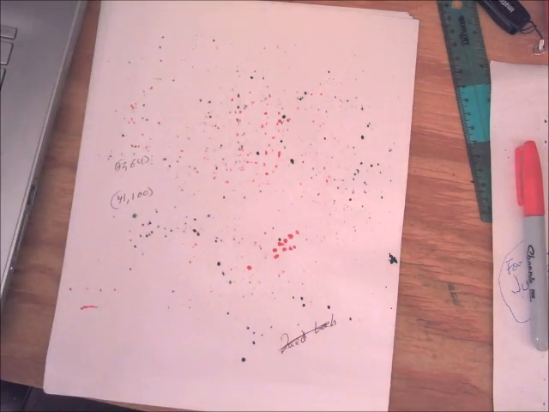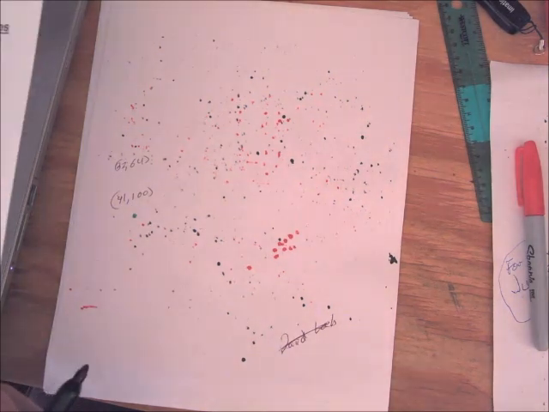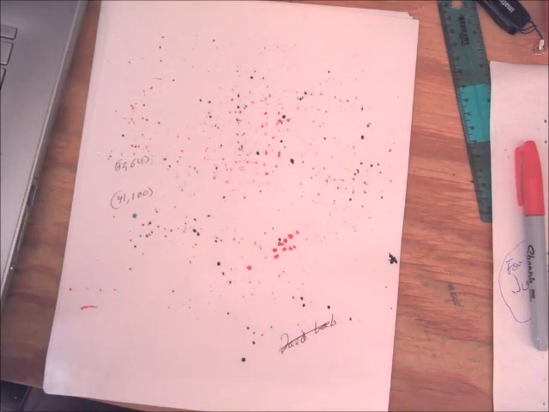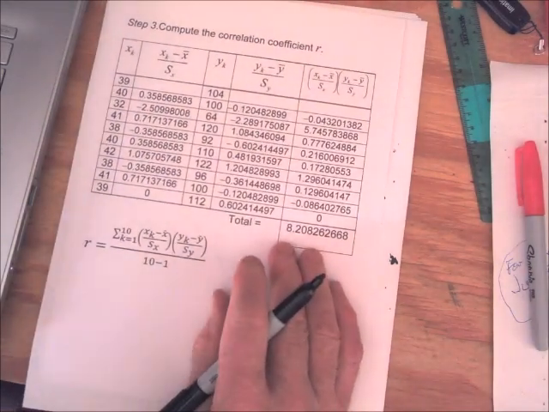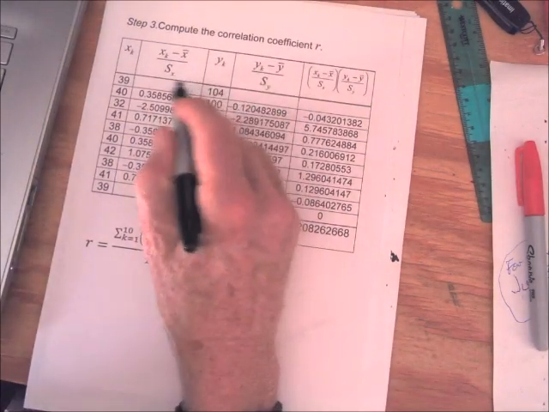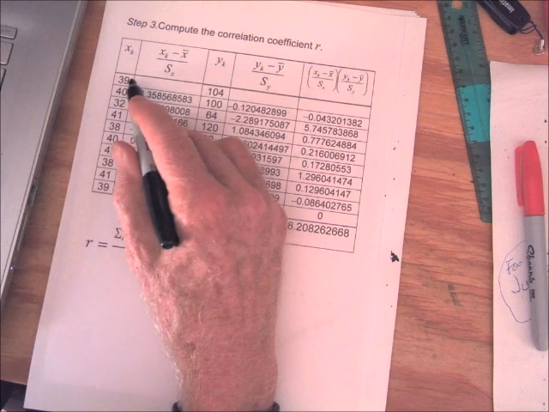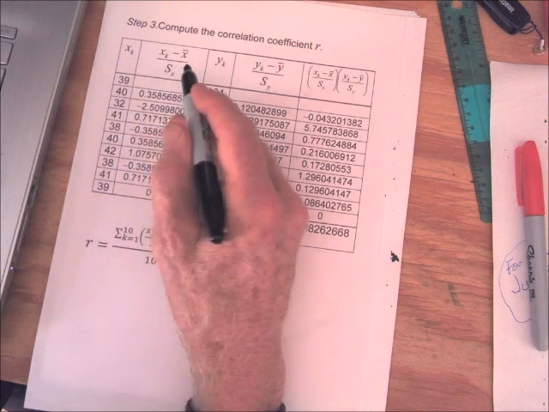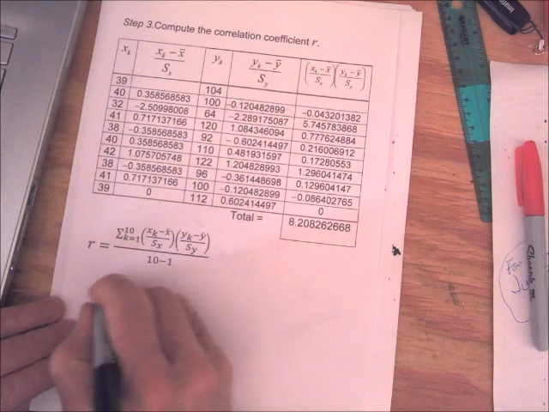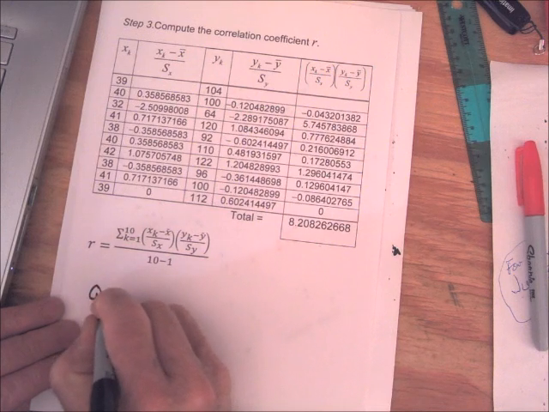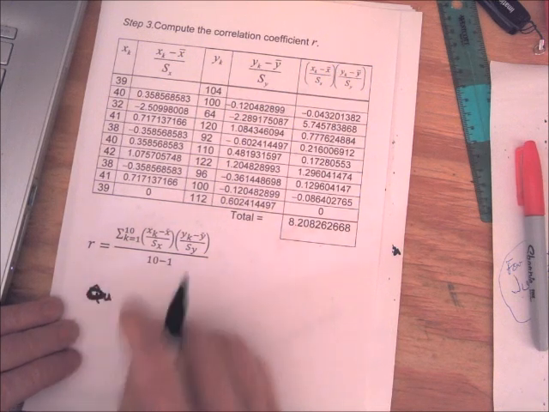The next step would be to compute the z-scores, so I've partially filled in this chart here for the z-scores. I left a couple of rows blank. So for Quincy, the z-score for 39 is going to be, let's do Quincy on a different page.